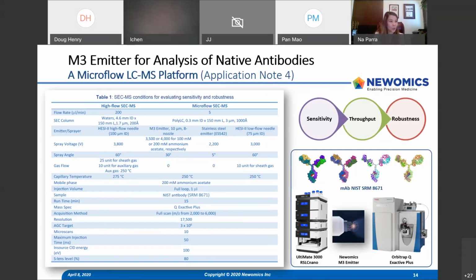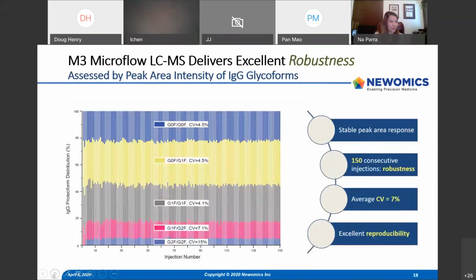So the emitter sells for $299, single emitter. And if you want to utilize the emitter, there's a need of a starter kit that is list priced at $39.50. For more information, quotation, and pricing, please feel free to reach out to the quote link and the NeoOmics sales and marketing team.